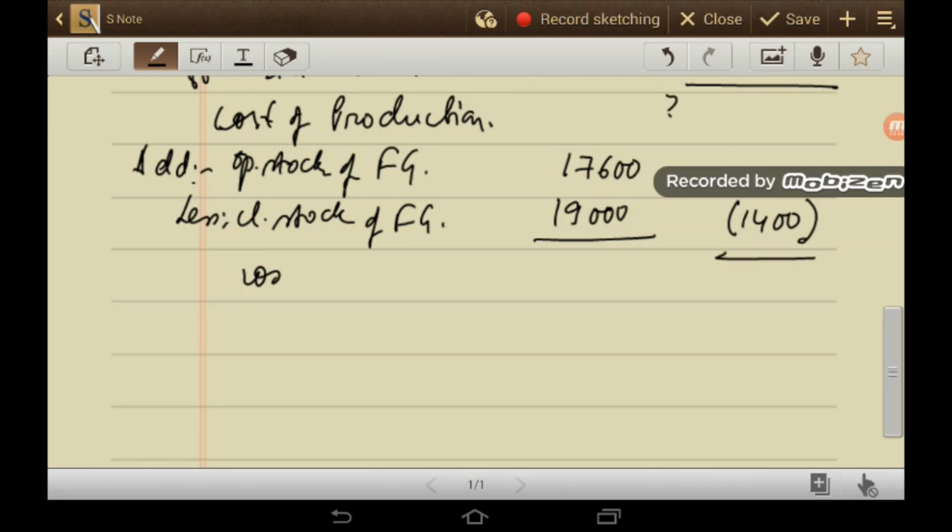So cost of goods sold, we have to find out.